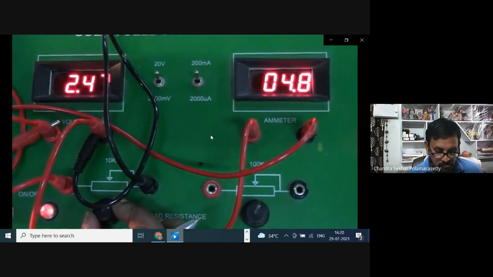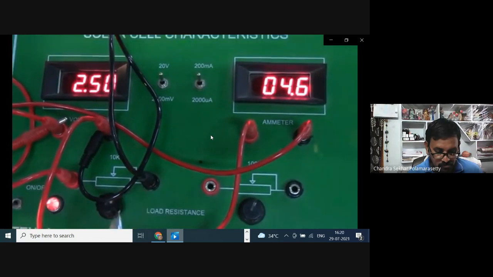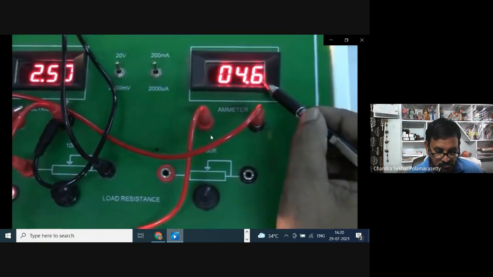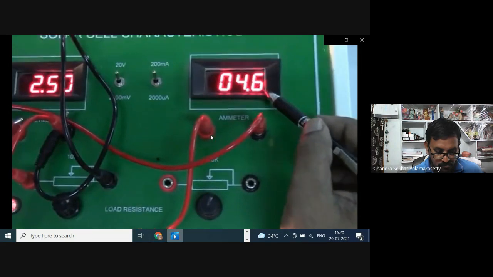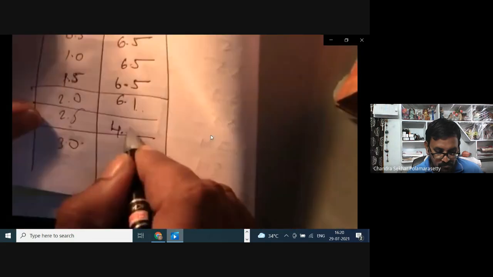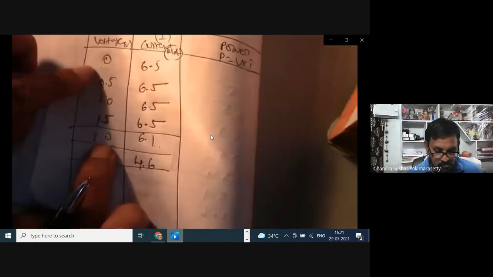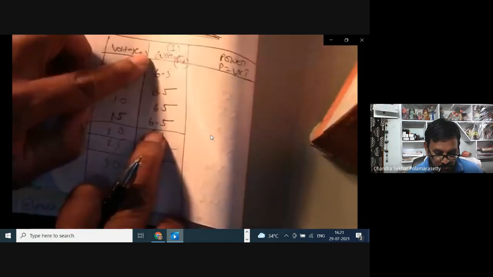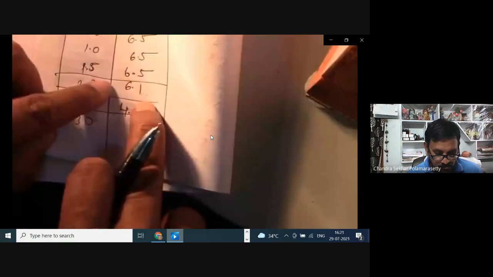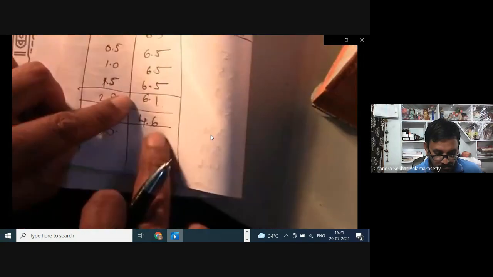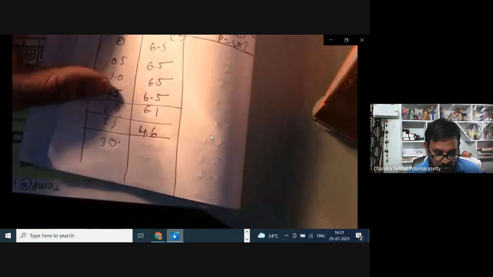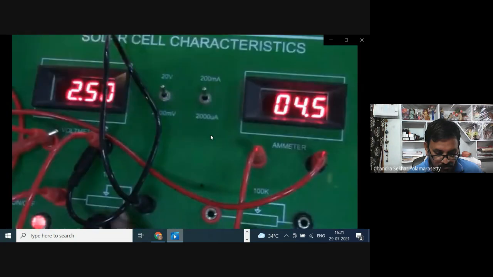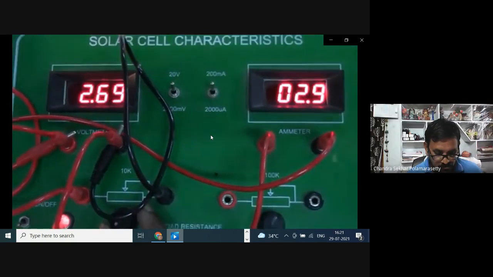This voltage is called as open circuit voltage because I open the terminals to the resistance. I am offering large amount of resistance. Hence, the current is zero, and so this particular is called as a open circuit voltage. So the open circuit voltage is defined as the maximum voltage obtained at zero current.